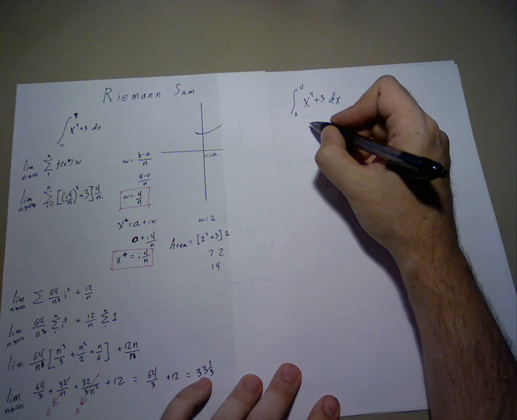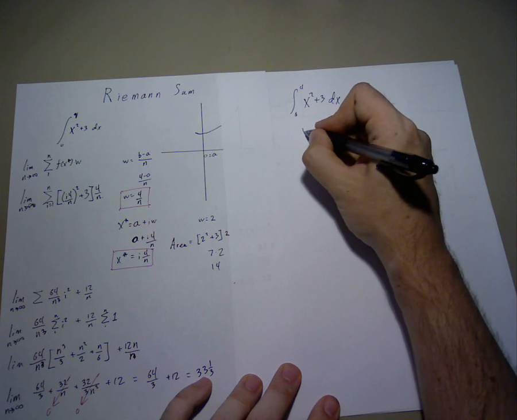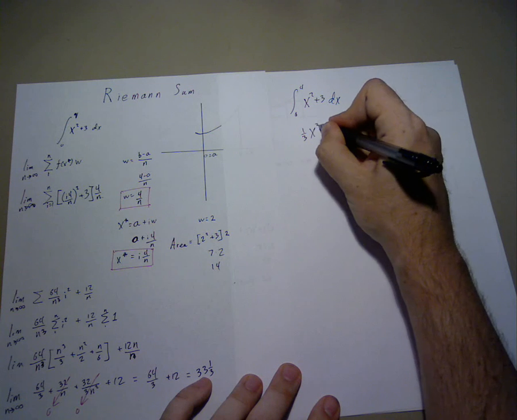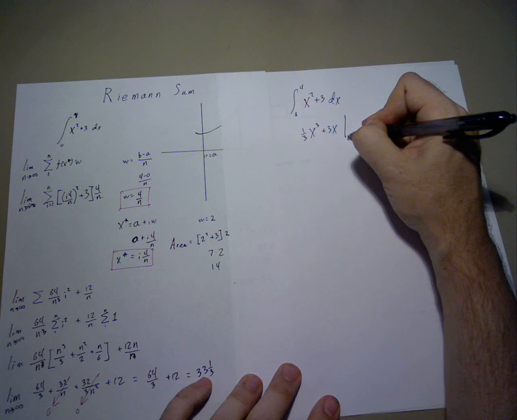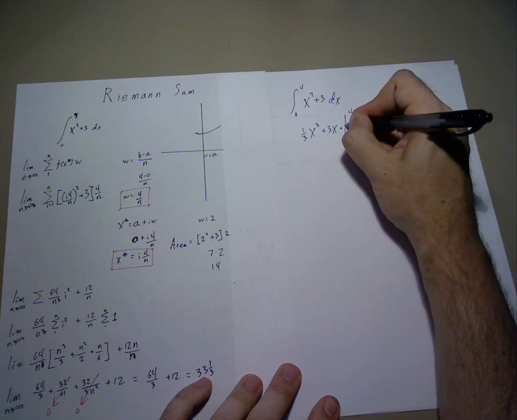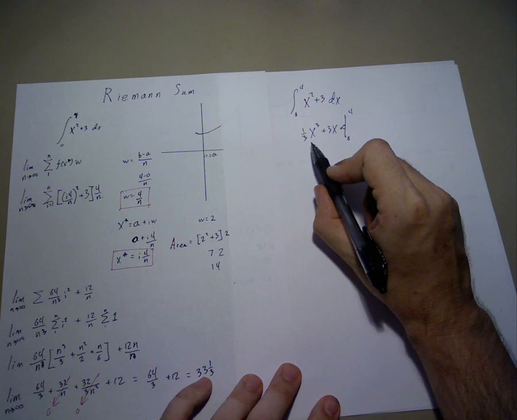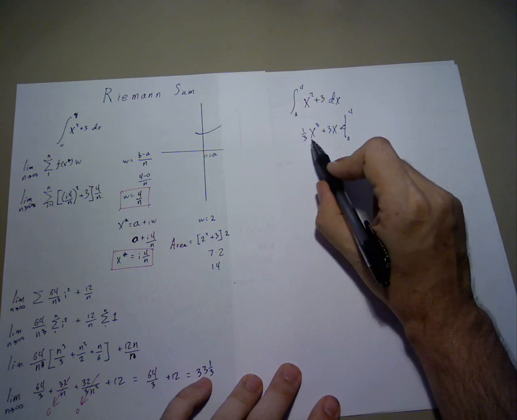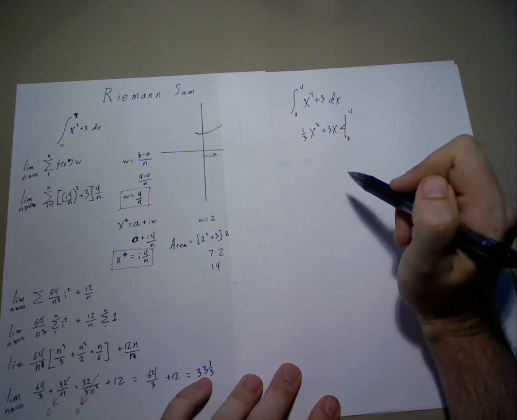Now, using the integral power rule, we can write 1/3 x cubed plus 3x, evaluated from 0 to 4, plus some constant. To double check this, we can take the derivative of this and see if we obtain that, which we do.